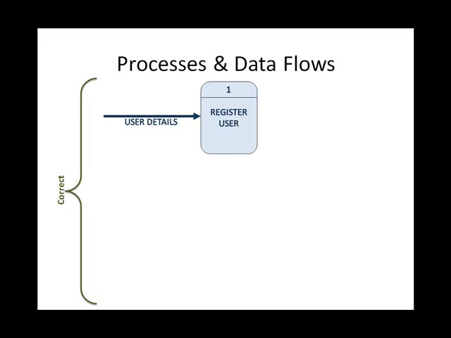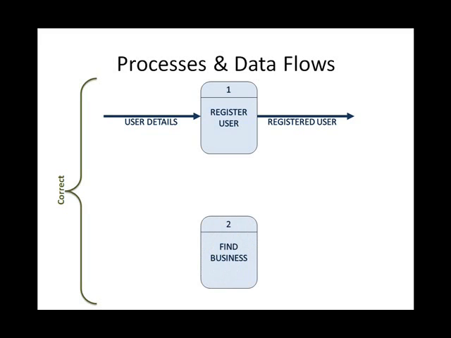It's a collection of many pieces of data, but I can combine them in one data flow, which is user details. What do I produce? After I do what I have to do, which at this point I don't need to understand how, at the end I need to know that the user is registered. So the output of this is the registered user.